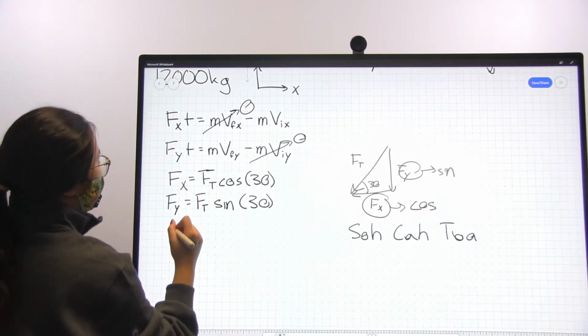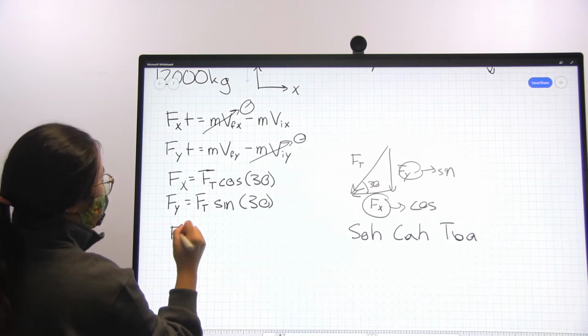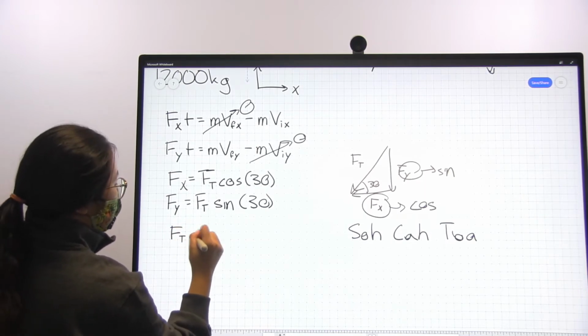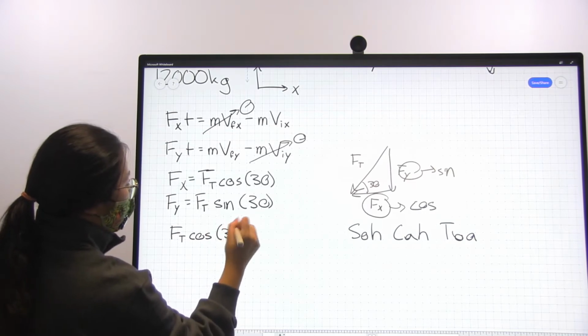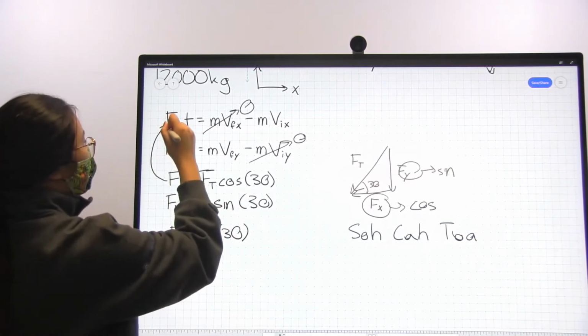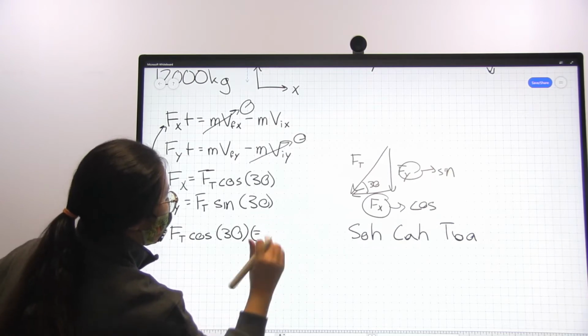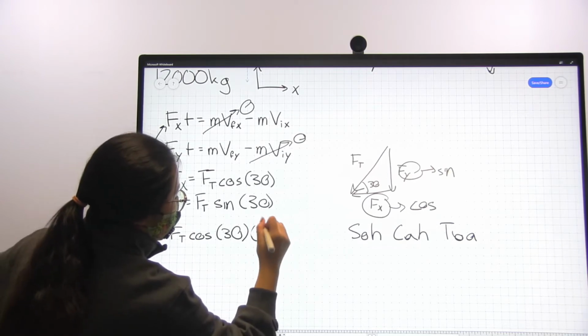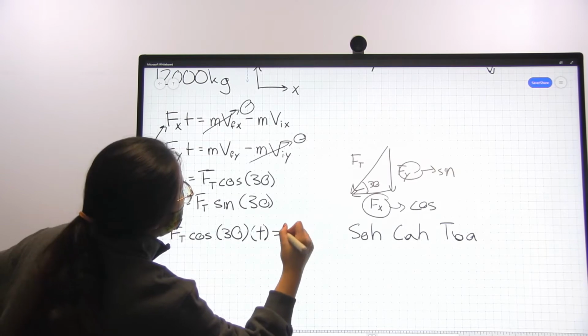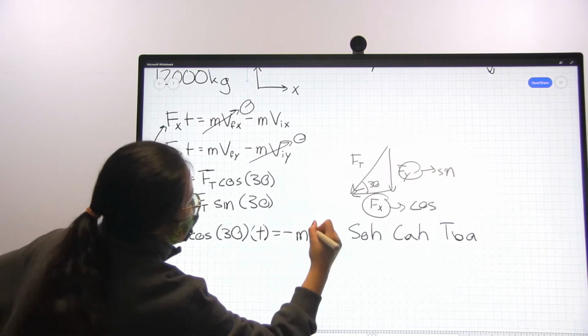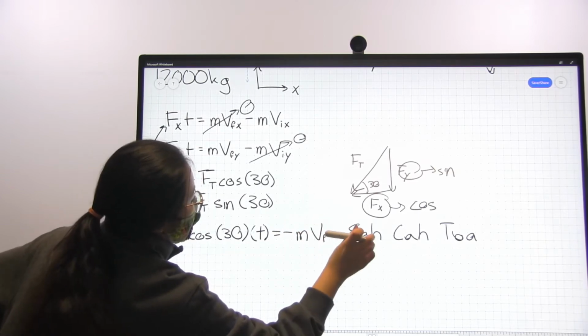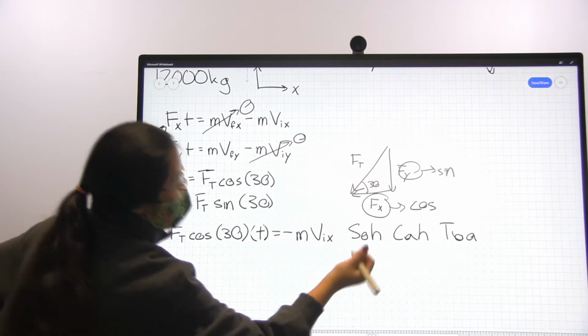And we're going to see that F_t cosine of 30, plugging this back into there, times time is equal to negative mass times velocity initial in the x direction.